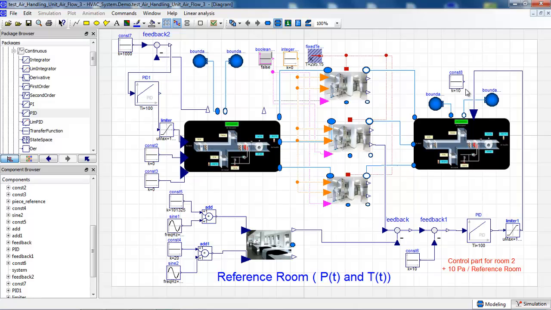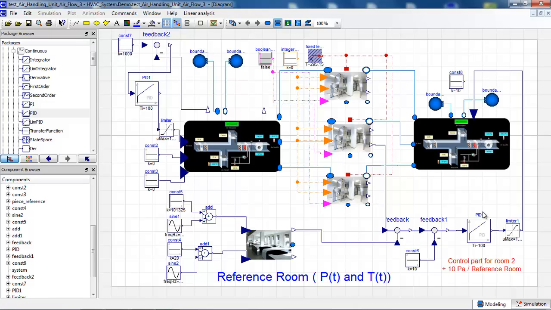through a limiter. I will do the same for the absorption part, and for the absorption part I want to control the pressure inside my room number 2, and basically I also control the pressure inside my room number 1 and number 3, because we saw before that the relative pressures between room 1, room 2 and room 3 are constant.